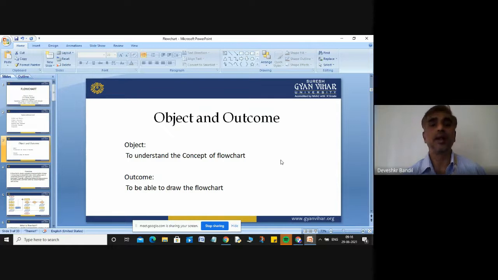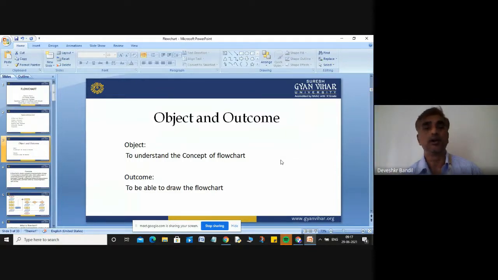You know, flowchart and algorithm, these are the main important topics of your data structure and algorithm. Because if student knows about the flowchart and the algorithm, student will write the program without any problem, because all concepts, all flow of data is clear in your flowchart.